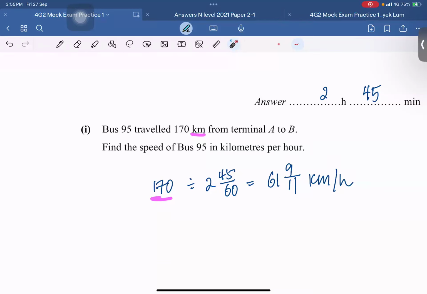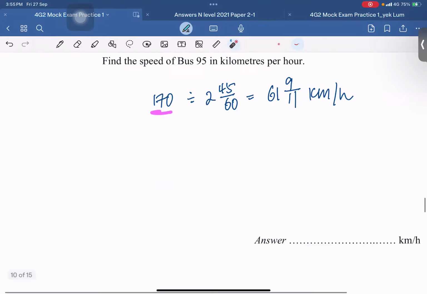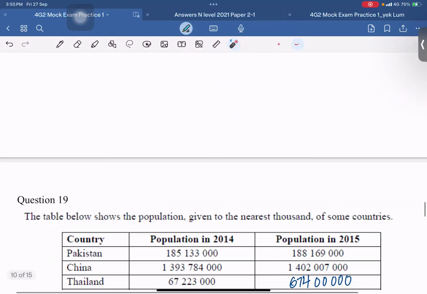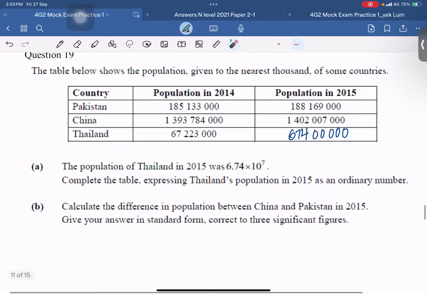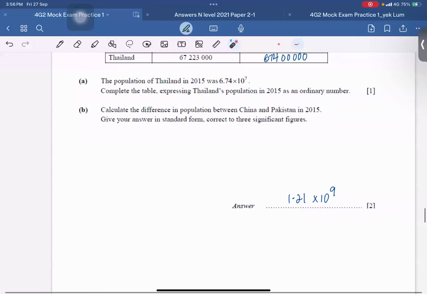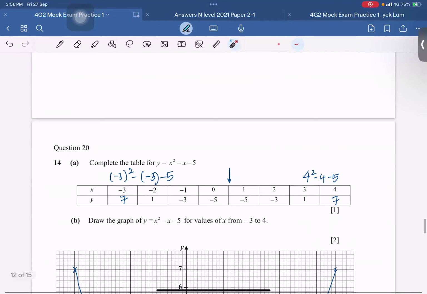If not, you can write 3 significant figures, sorry, not 3 decimal places. This one is also relatively simple, only testing whether you know how to read the table. Difference means subtract the populations of Pakistan and China away from each other, then change to standard form. Most of you know how to do this, no problem.